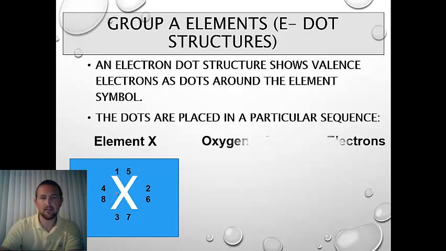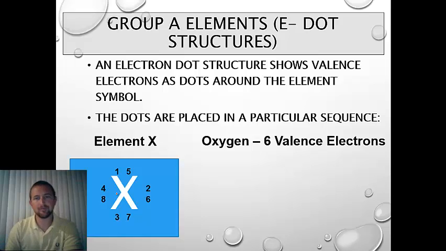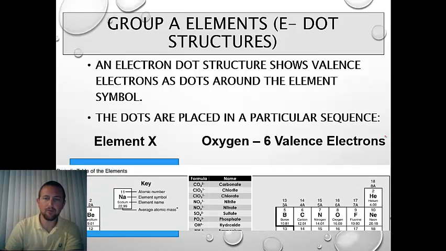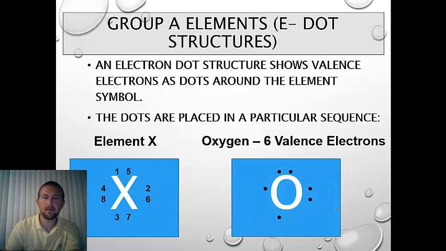So let's take a look at and try to do an example. Here we'll take a look at oxygen with 6 valence electrons. On the periodic table, it is in group 6A, so it has 6 valence electrons. When I construct the electron dot structure, I would put my first electron here. Okay, that's electron number 1.